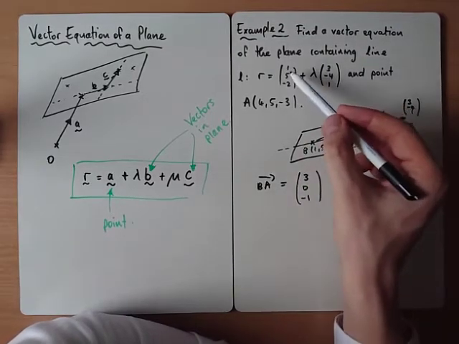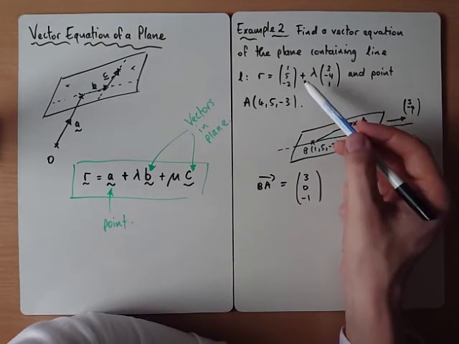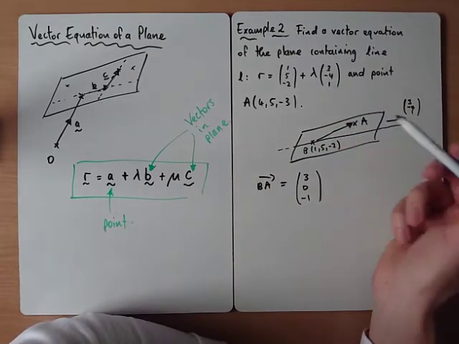From B to A, it would be A minus B, which would give us (3, 0, -1).